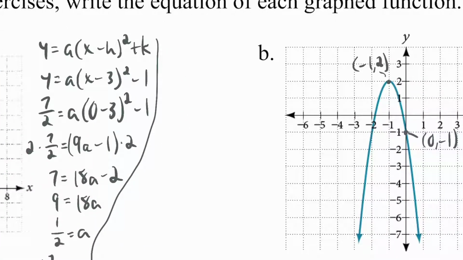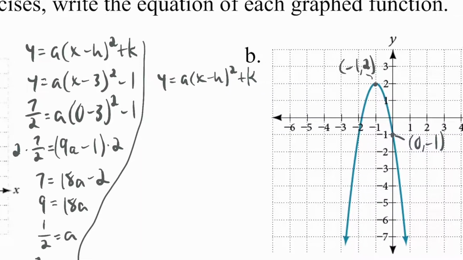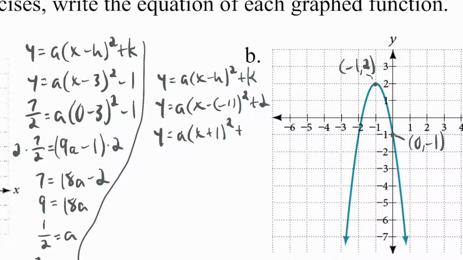So y equals a times x minus h squared plus k. So h is -1, so y equals a times x minus -1 squared plus 2. So I'll have y equals a times x plus 1 squared plus 2. Now I can plug in the y-intercept: -1 for y and 0 for x.